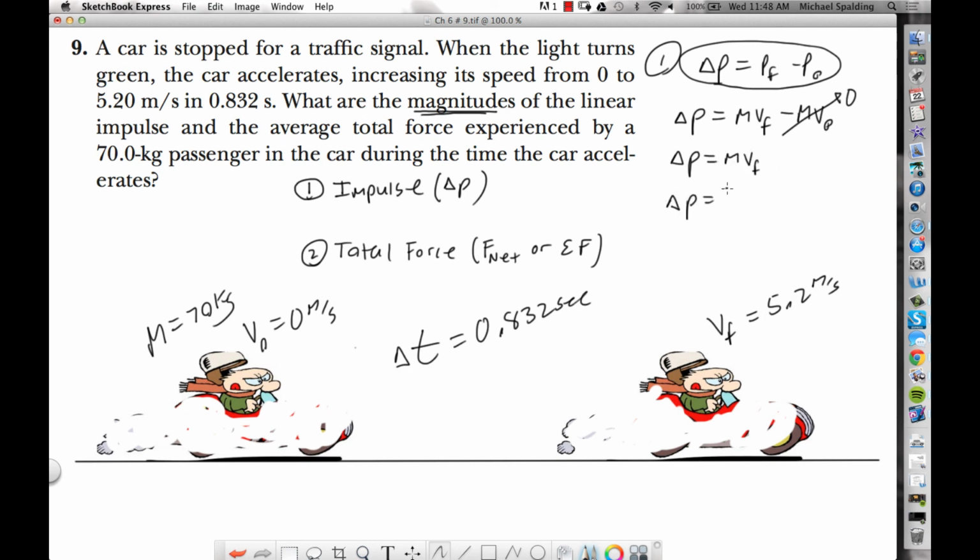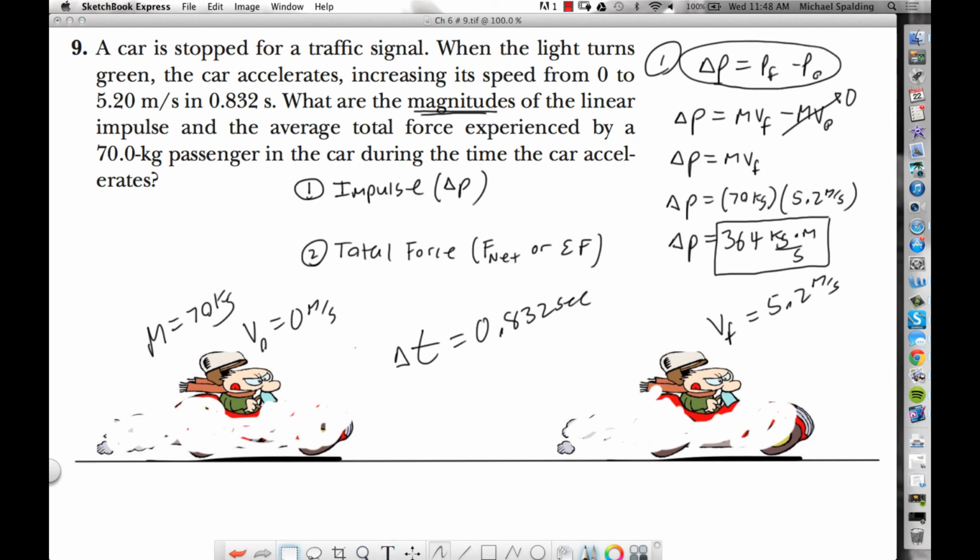So the change of momentum, we're going to go 70 kilograms times v final, which is 5.2. So the change in momentum of the guy comes out as 364 kilogram meter per second. That's number one. That's the impulse of the guy. It's simply the change of momentum of the guy.